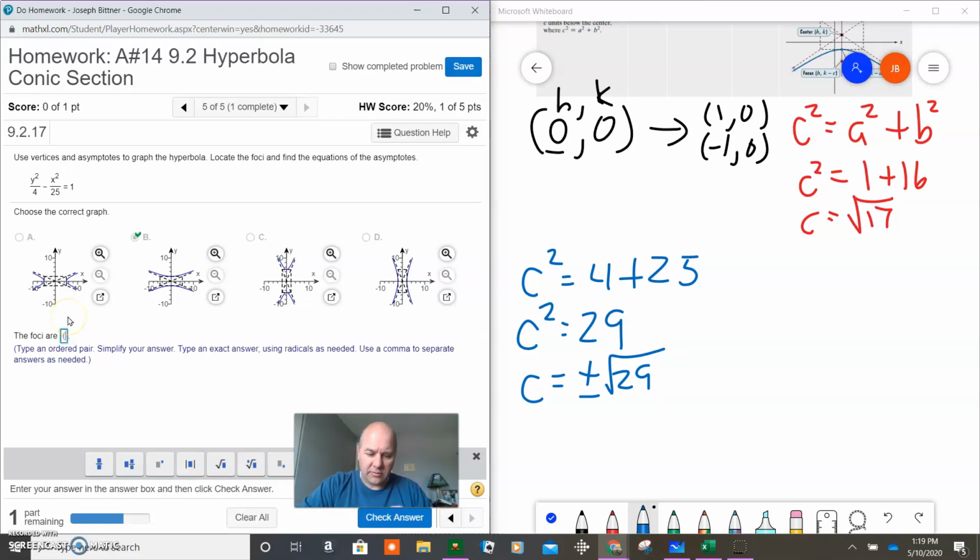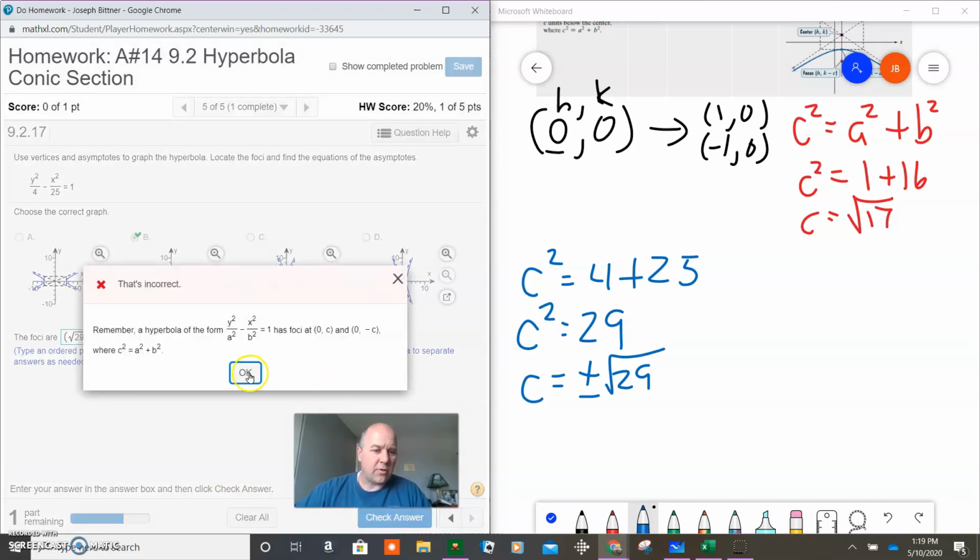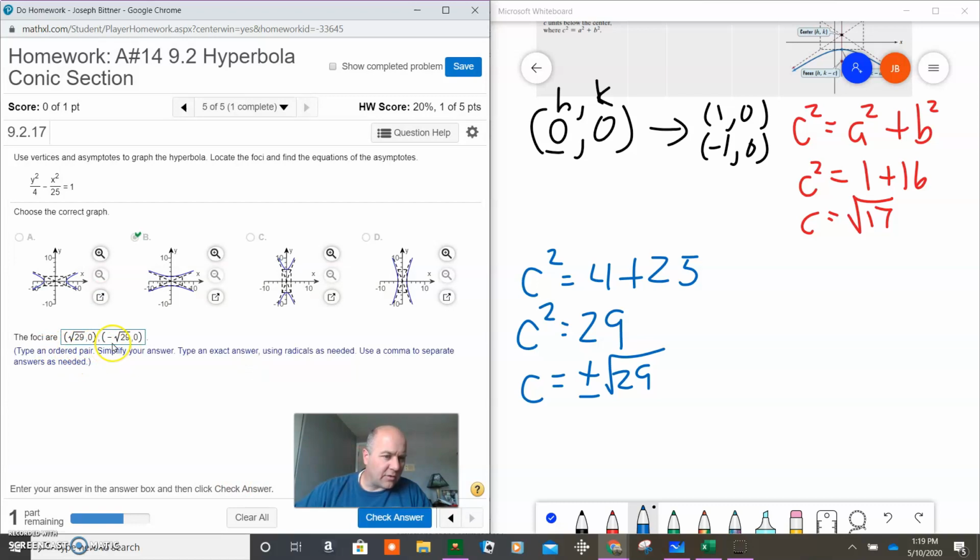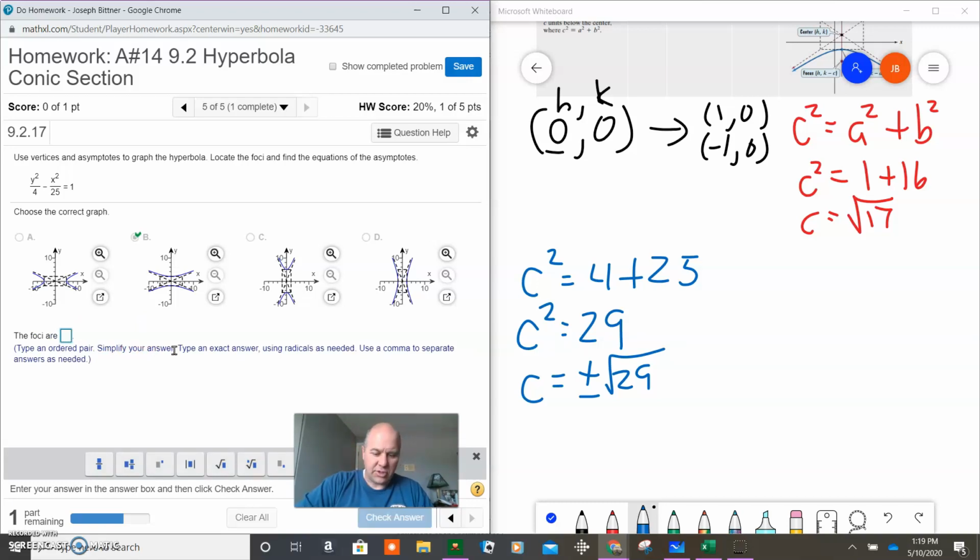So when you look at this, it's going to be square root 29, comma in between, don't forget that, square root 29, close that off, check answer. Oh no, since this is going up and down, my foci are actually going to change the y values, not the x.